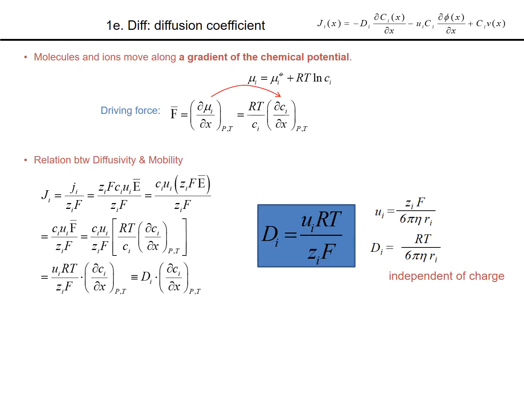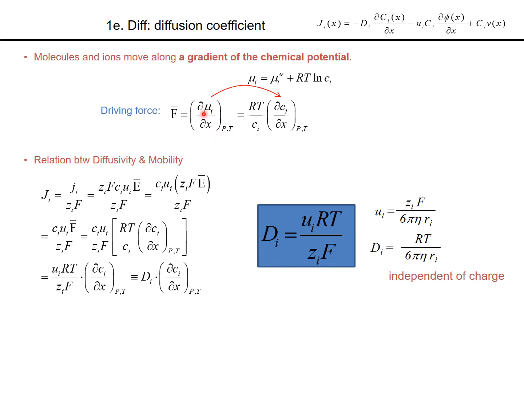The other thing is diffusion coefficient or diffusivity. Molecules and ions move along a gradient of the chemical potential. So the driving force for the diffusion, which is F, is the gradient of chemical potential of species i at fixed pressure and temperature.